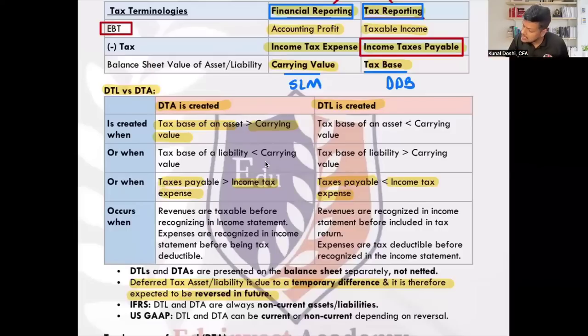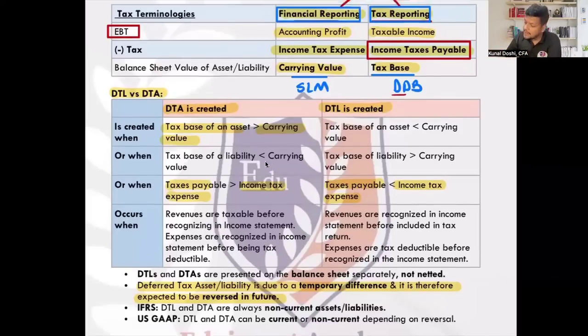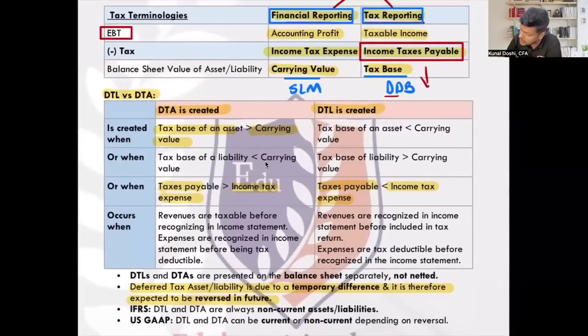If the depreciation is double declining, my tax base will be lower compared to the carrying value. This tax base being lower than the carrying value means I charged more depreciation in the tax, which means less profit. Less profit means less taxes. So right now I paid less taxes, I'll pay more in the future. Hence it's a DTL.